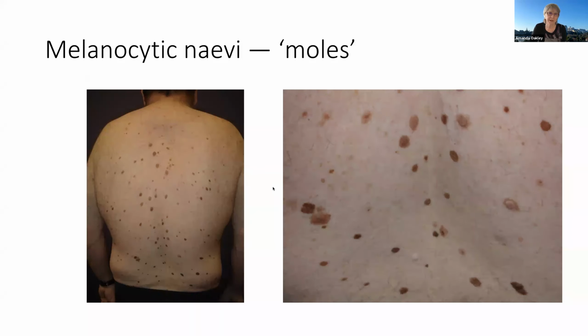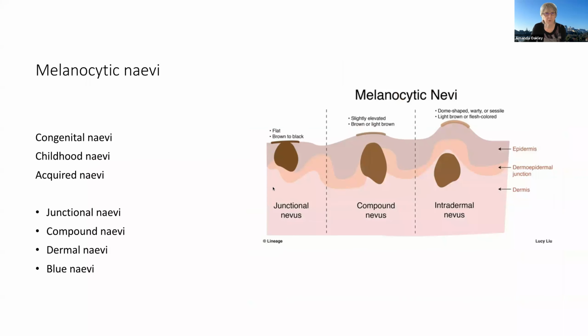But most people have certain patterns to their moles. A mole can be congenital, that is to say present at birth, arise during childhood, or be acquired due to some injury to the skin, which is usually exposure to ultraviolet radiation.